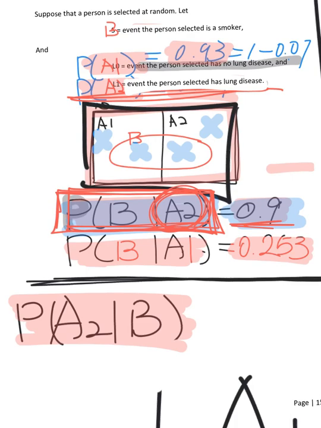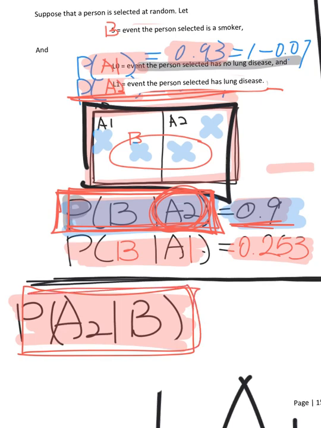Do you understand? But now, what's this one then? Based on the smokers. Among the smokers, the chance who has the lung disease. It's totally different. The previous one, B given A2, is among the patients. But A2 given B is among the smokers.